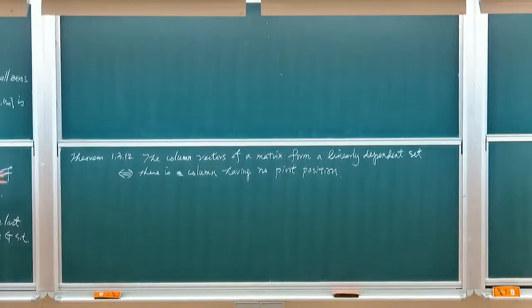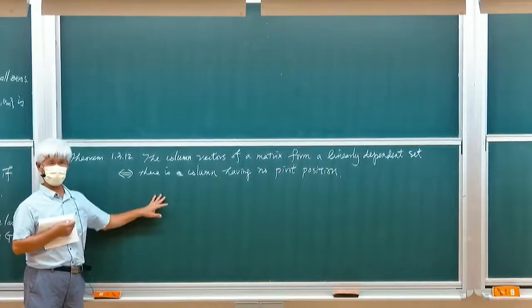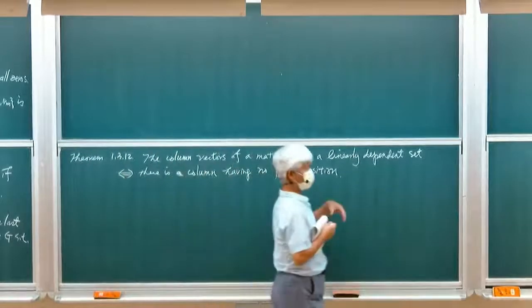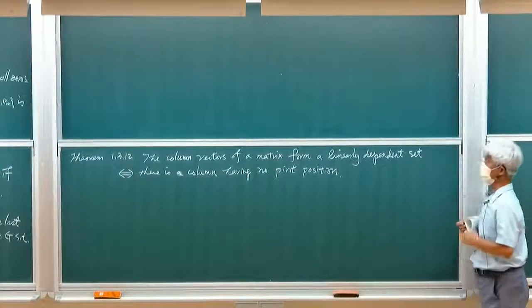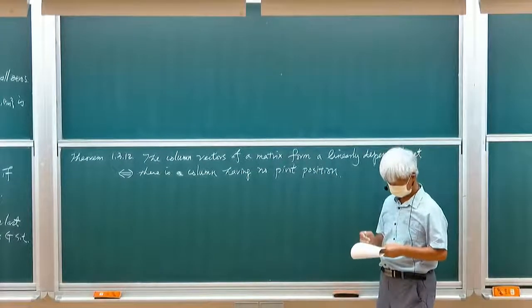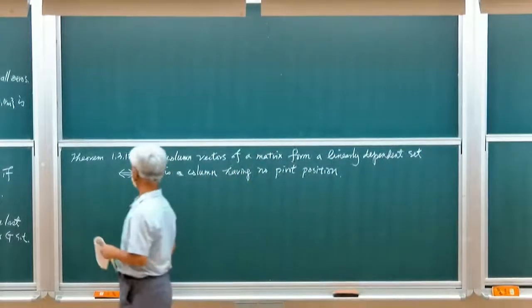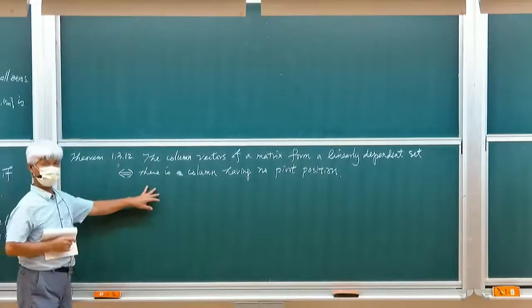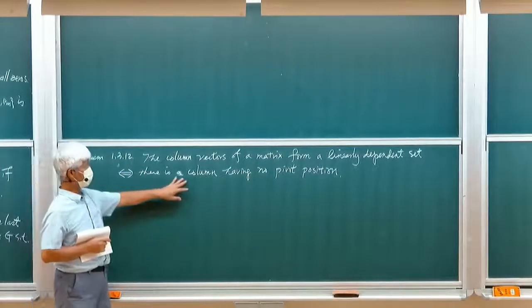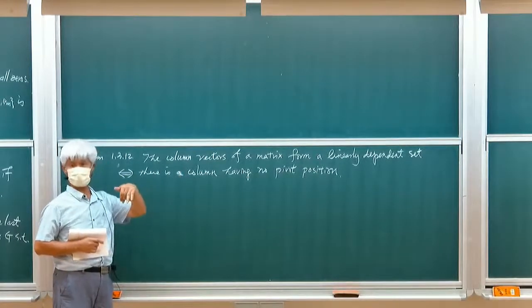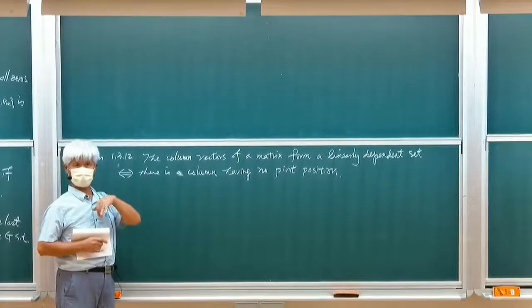And this theorem gives us a necessary and sufficient condition for the column vectors of a matrix to form a linearly dependent set. For column vectors, the necessary and sufficient condition is that there is a column of the matrix having no pivot position.